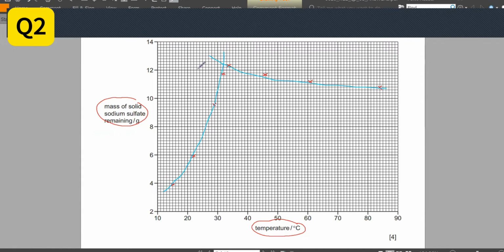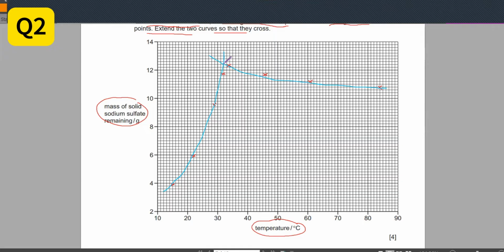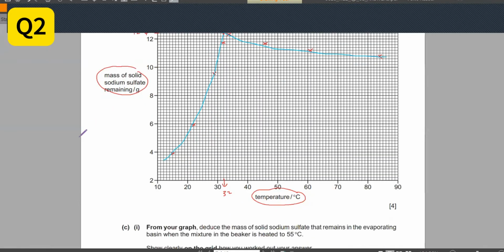And then we should identify the point where they cross, which is somewhere here. So it is 32, and here this is 12.4. Okay. All right.